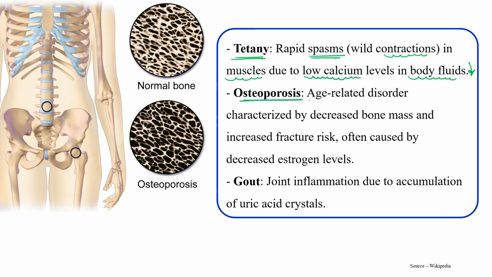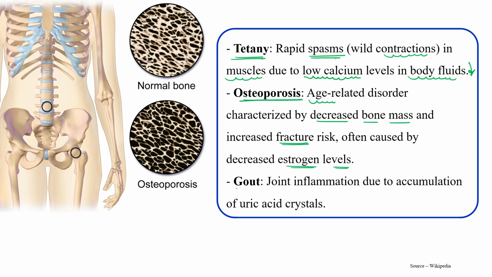This is an age-related disorder, characterized by decreased bone mass. If bone mass decreases significantly, then it increases the chance of fracture in old age people. It is often caused by a decrease in estrogen level also.